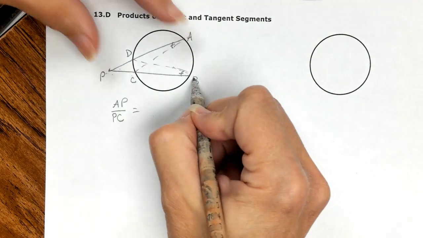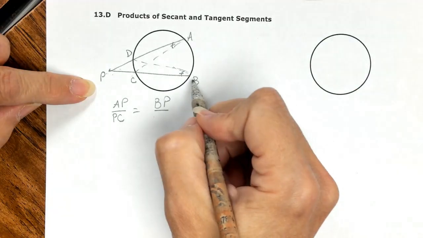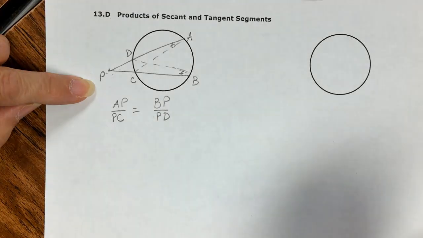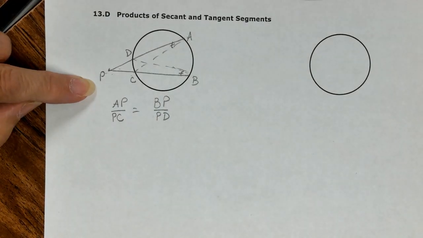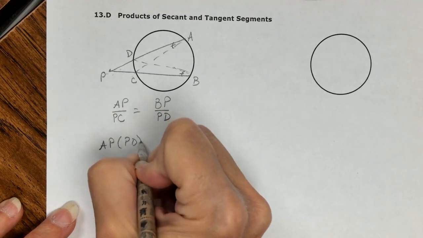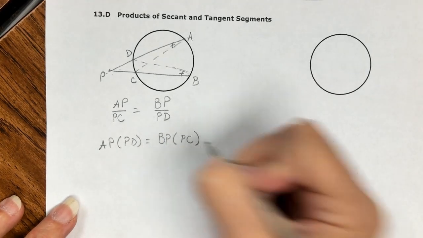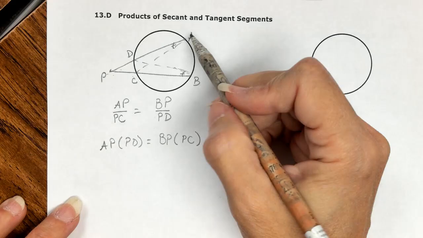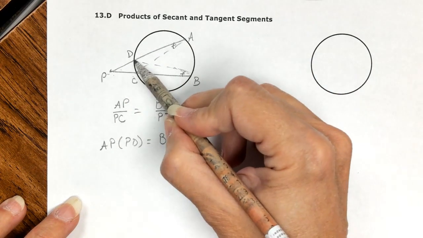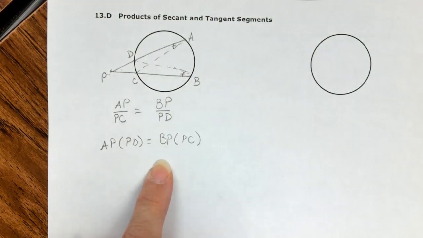So from the other one I have BP, and then the short side of this one be PD. Okay, and then I can cross multiply. So AP times PD equals BP times PC.